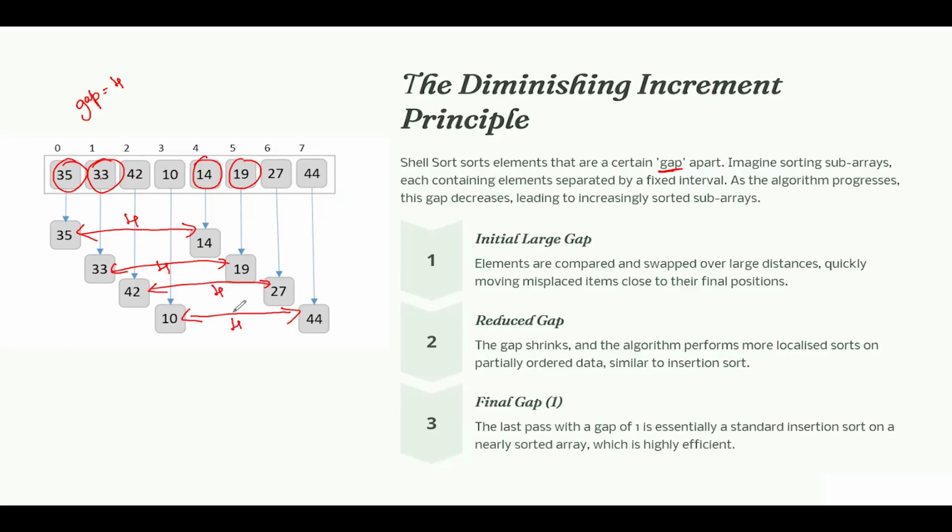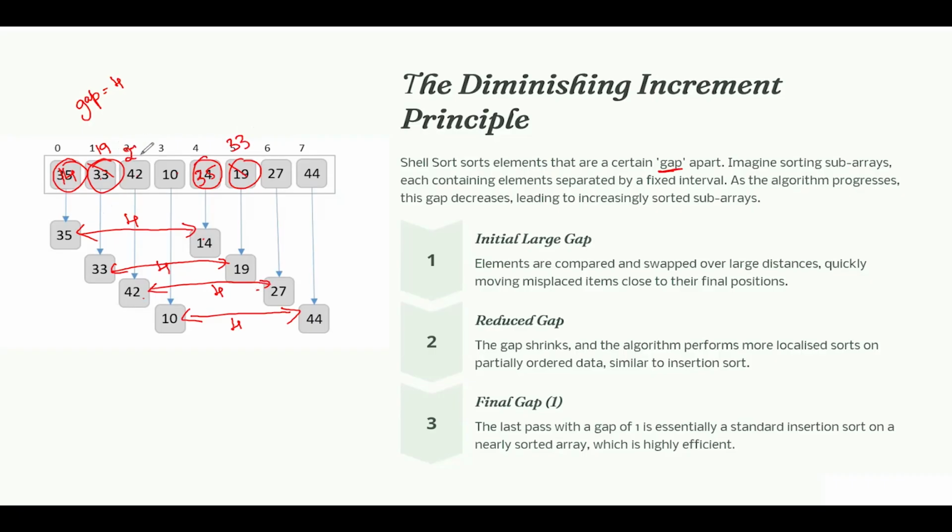Now, what do you mean by comparison? Unlike insertion sort, I'm going to compare these two elements. So I find out that 14 is smaller than 35, so both will be swapped. Similarly, when I'm comparing 33 and 19, I can bring 19 here and 33 here. Next, 42 and 27.